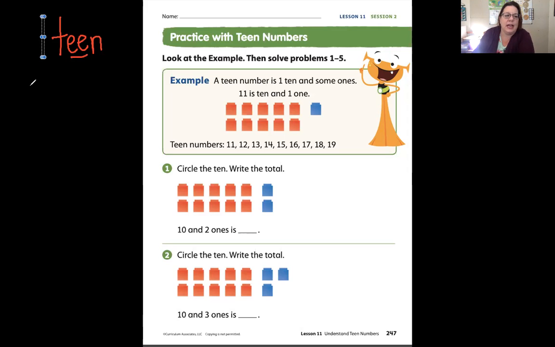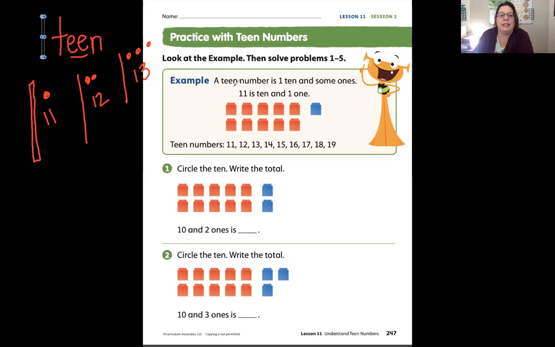So a teen means that I have one group of 10 and at least one one, or one group of 10 and 2 ones, or one group of 10 and 3 ones. So that would be 13, this would be 12, and this is 11. A teen number is 1 ten and some ones. 11 is 10 and 1 one, just like we have here. So here we have one group of 10 and 1 one. So 10 plus 1 equals what?